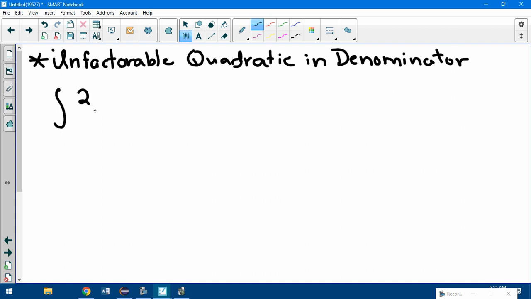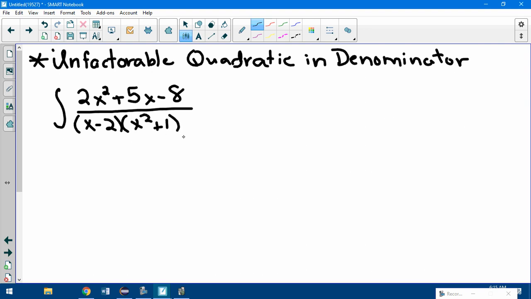The integral of 2x squared plus 5x minus 8 all over x minus 2 times x squared plus 1 dx. So when I look at this denominator, I have a linear term, which is fine. But then this x squared plus 1, it's a quadratic because it's x to the second power, and I can't factor it, at least not over the real numbers. So this is what I mean by an unfactorable quadratic.